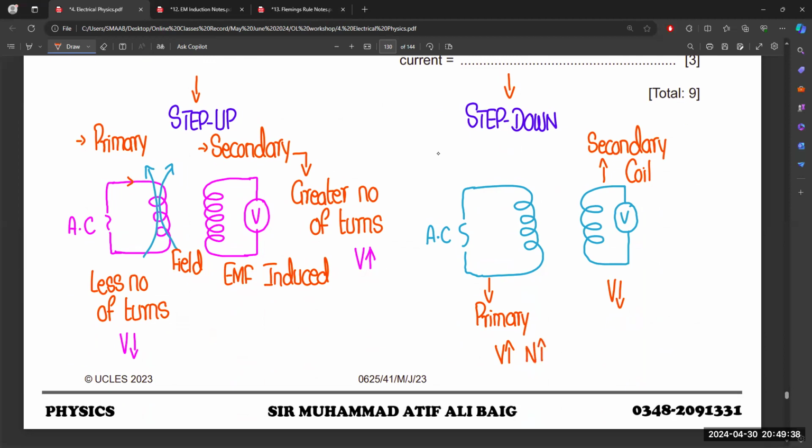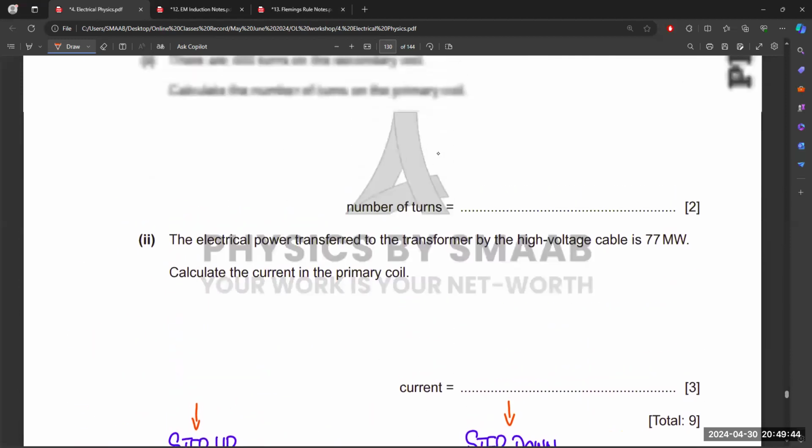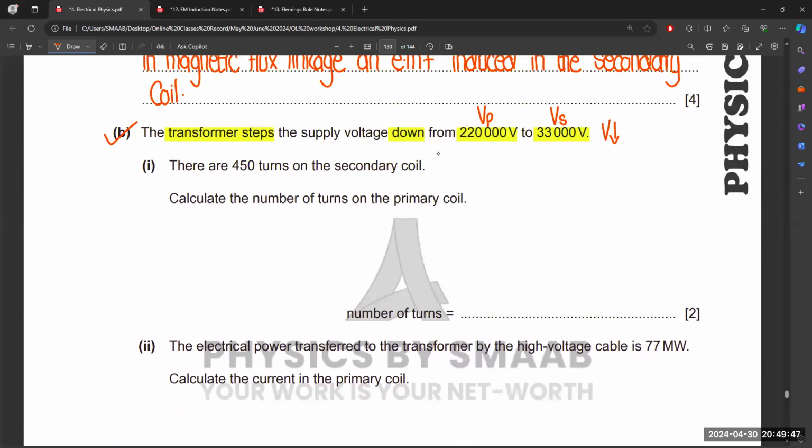And in secondary, we are getting less voltage because we have fewer turns. And it is also mentioned there are 450 turns on the secondary coil. So this is the number of turns in the secondary coil. And we have to find out the number of turns on the primary coil.